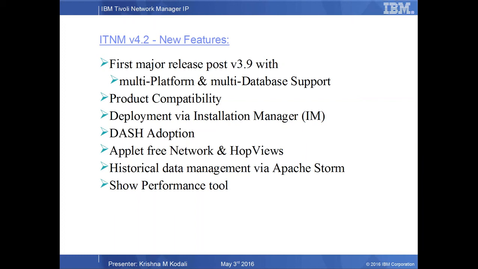So this is obviously the first major release post 3.9. I'll talk about the product compatibility. And then ITNM 4.2 switched to the Installation Manager from a deployment engine. And finally, we are into Dash adoption. We were one version behind compared to Omnibus.